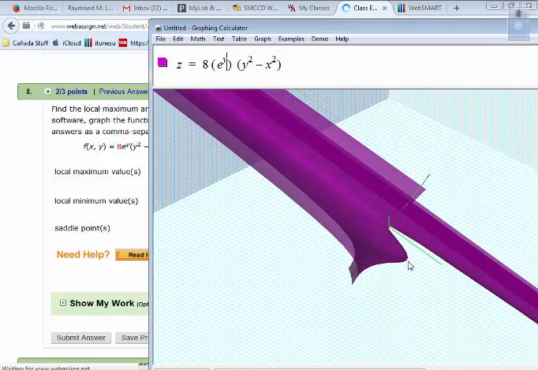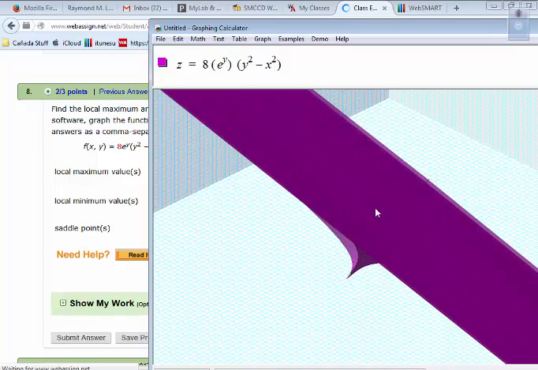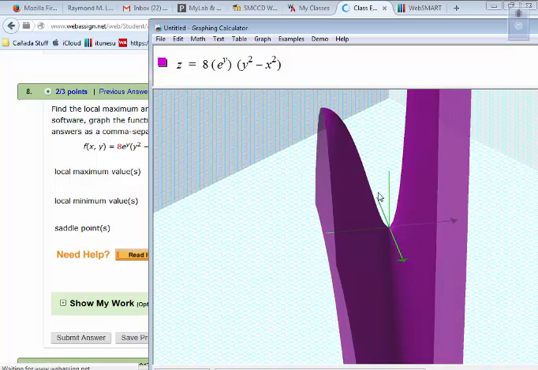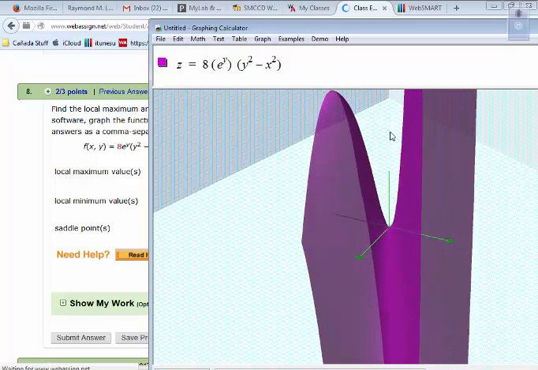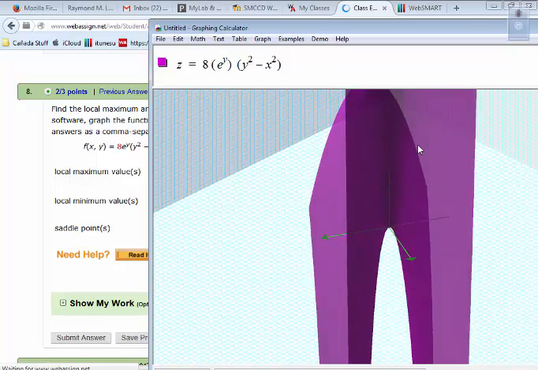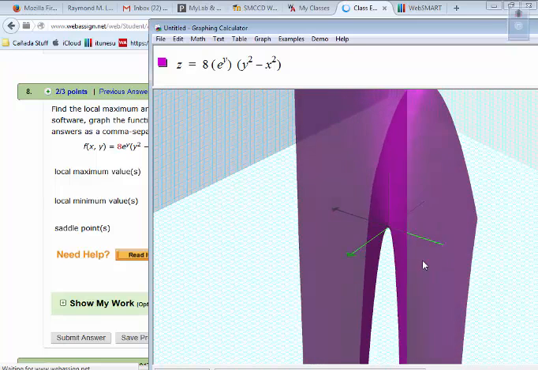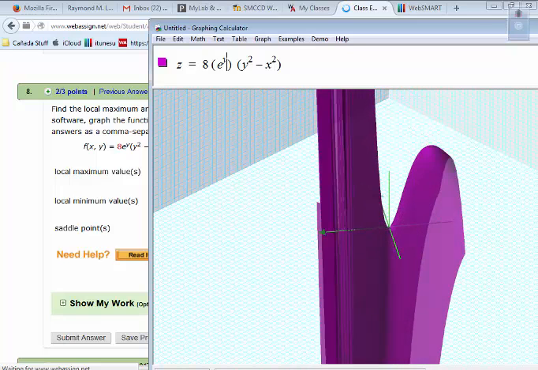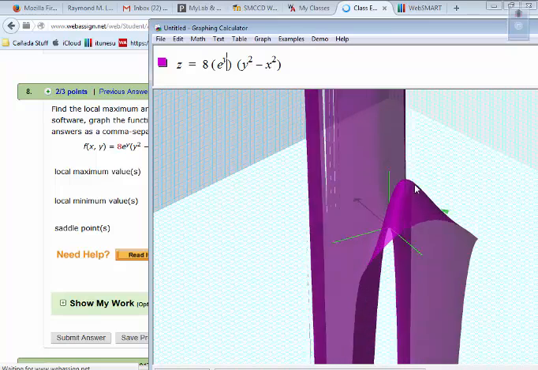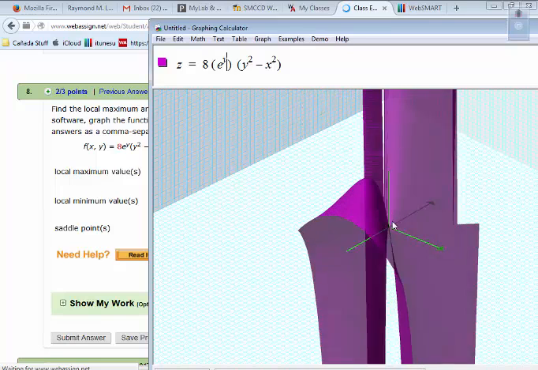Well, here's that minimum right here. No, it's a maximum. That's what we got, right? A maximum? So it has a maximum here, and it looks like a saddle point over here.